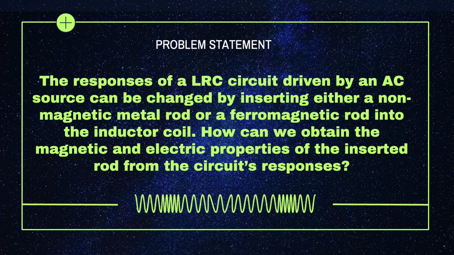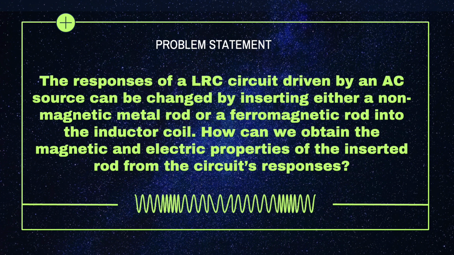So from what I understand, when a non-magnetic metal rod or a ferromagnetic rod is inserted in the inductor coil of an LRC circuit, the responses of it change. So the problem statement here asks us to obtain the magnetic and electric properties of the inserted rod from the changed responses of the circuit.